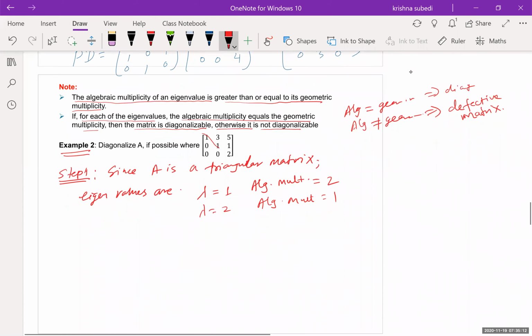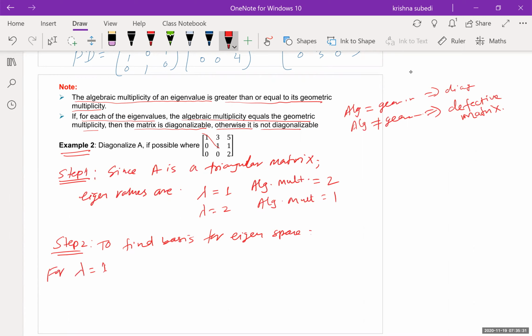Now step 2, we need to find a basis for the eigenspace. So to find a basis for the eigenspace, let's consider lambda equals 1 first. Okay guys, you already know how to do this. Go ahead and try that.